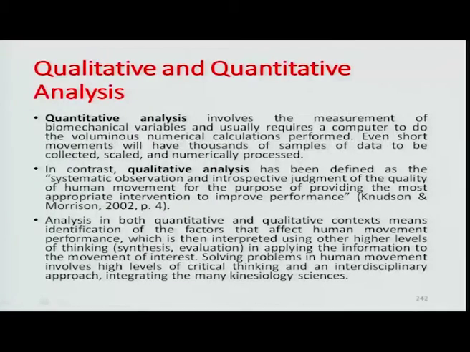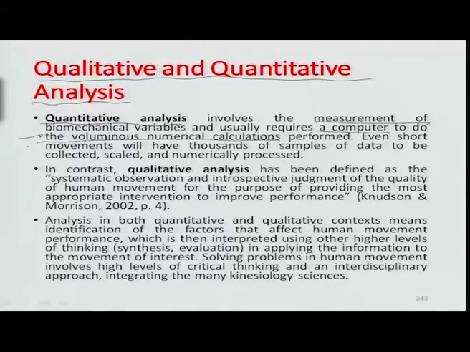So typically you could do either a qualitative or a quantitative analysis in this field of biomechanics. When we talk about quantitative analysis, it's more about measurements, so it should involve measurements of biomechanical variables. Typically such measurements do need high speed computers, particularly for acquiring data, and also sometimes to do a voluminous amount of numerical calculations. You could try to simulate muscular or musculoskeletal motion by using finite element analysis or other such techniques.